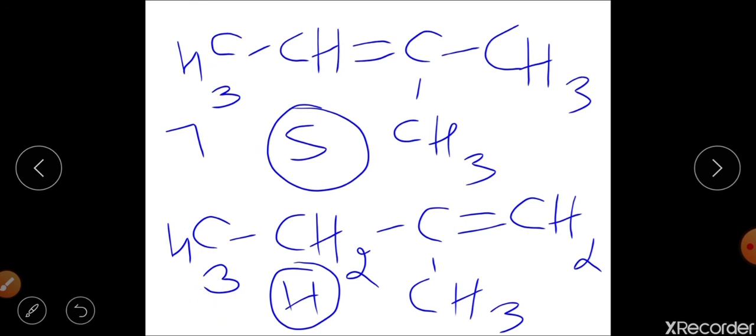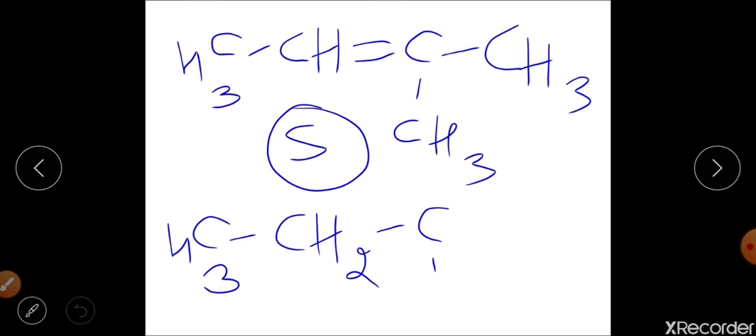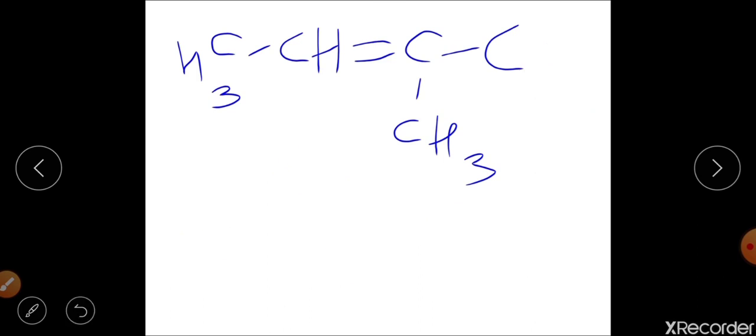Similarly, I am drawing some more substrates on the screen and I will let you know what the major product will be during this particular course of reaction.